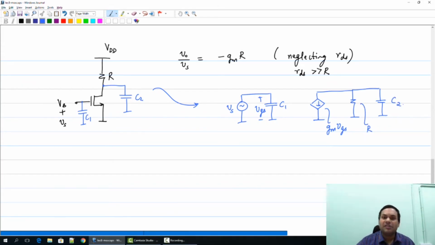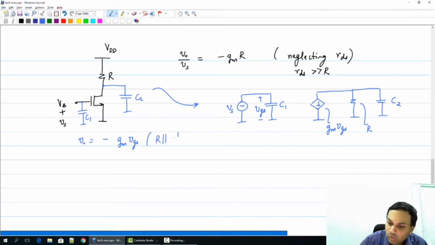And again, for the purposes of this discussion, I am going to assume that RDS is much larger than R. In such a case, the output voltage is nothing but minus Gm VGS into R parallel 1 over SC2.